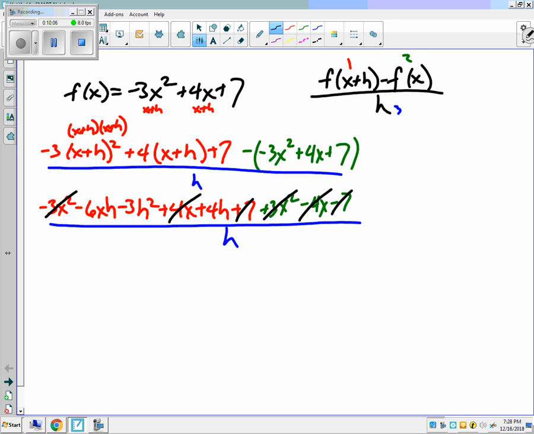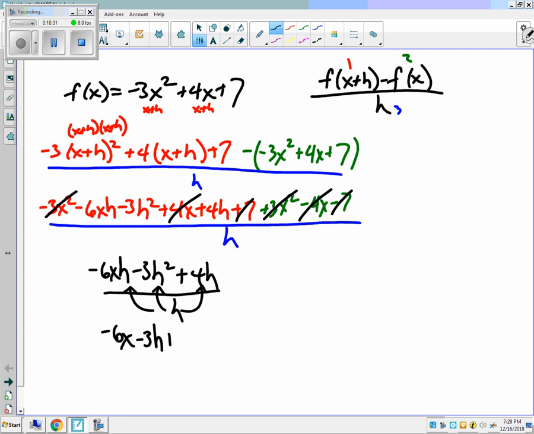So everything that's left on top has an h, which is good because it will always cancel with the h on bottom. So if I just divide each term in this numerator by h, I get negative 6x minus 3h plus 4. Here's my final answer.